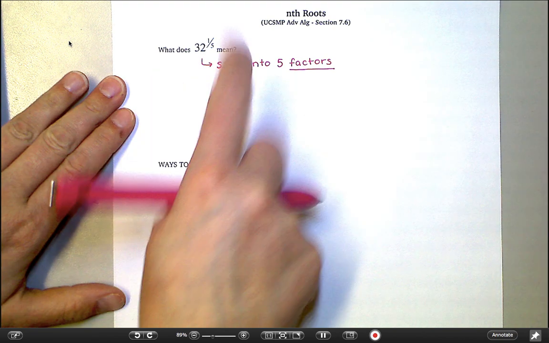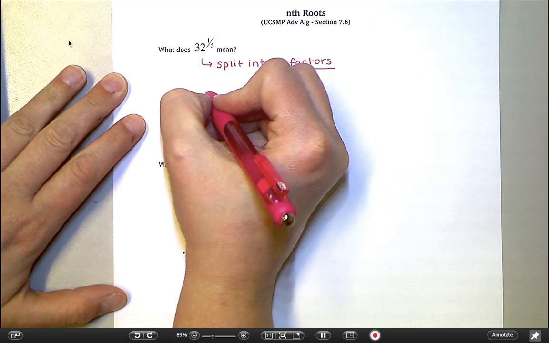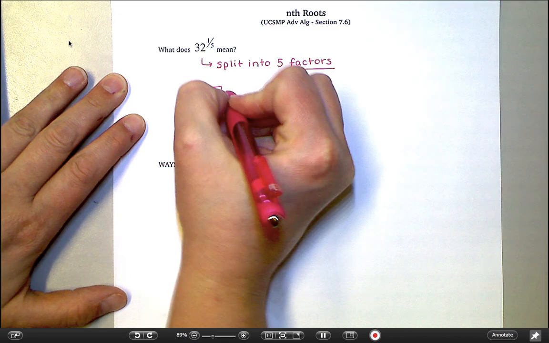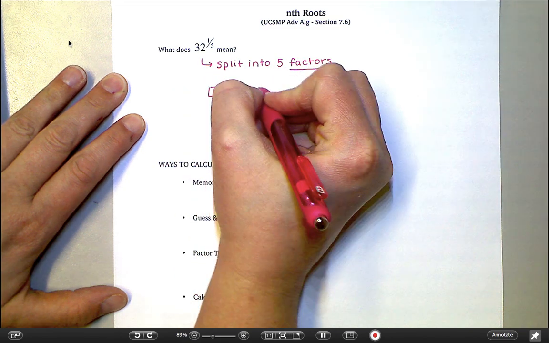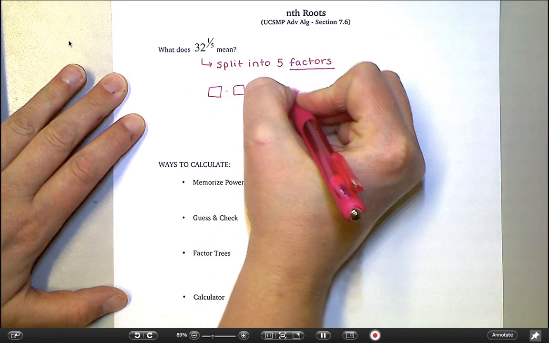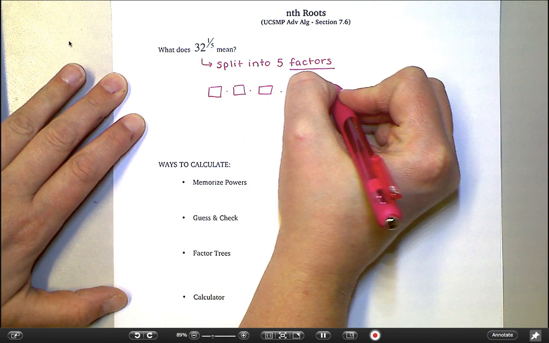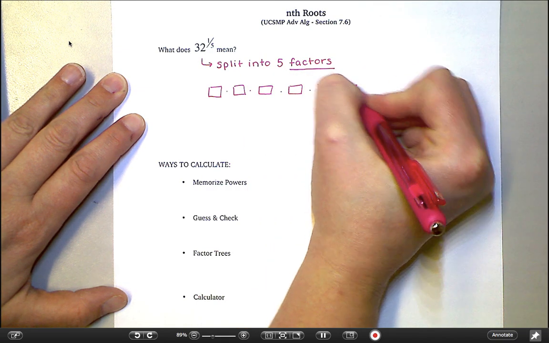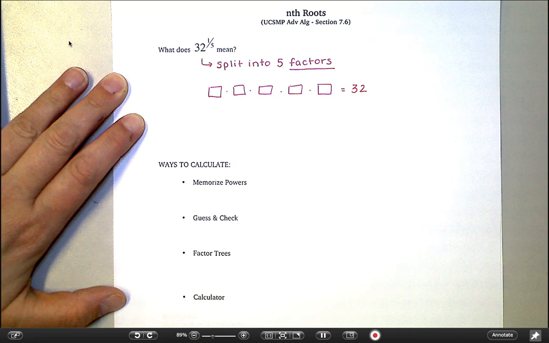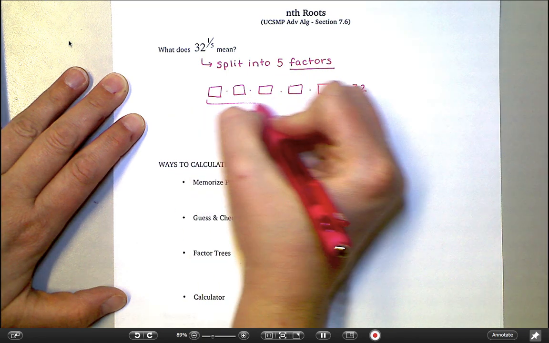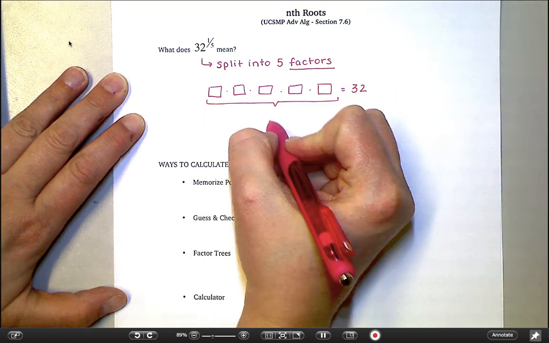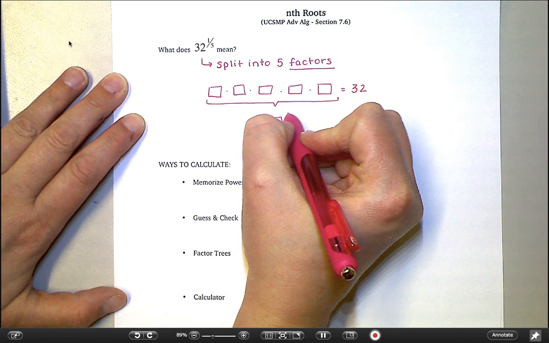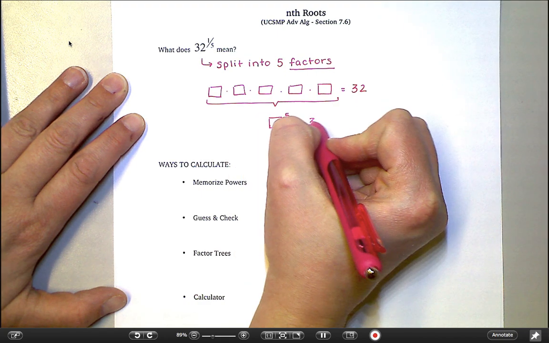To put this in picture form, I'm looking for something times something times something times something times something, 5 somethings that equal 32. Otherwise known as, what to the power of 5 makes 32?